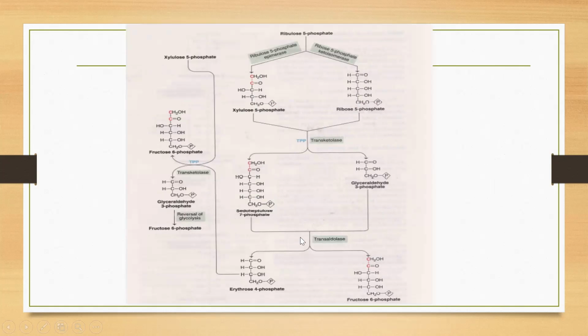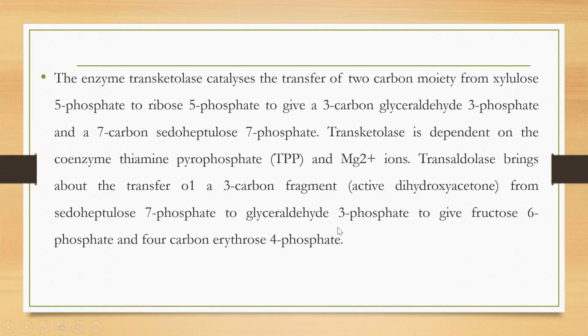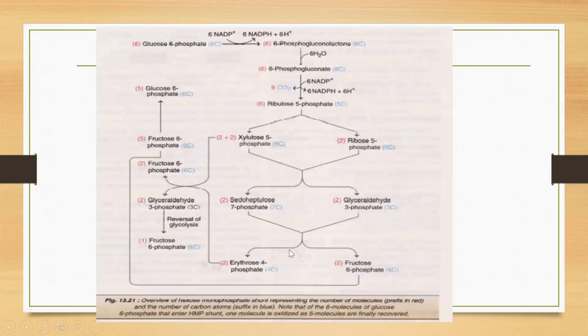Now the next enzyme comes into the picture, that is transaldolase, and if you can see, this transaldolase enzyme brings the transfer of the 3 carbon fragment from pseudoheptulose 7-phosphate to glyceraldehyde 3-phosphate to give fructose 6-phosphate and the 4 carbon atom erythrose 4-phosphate.